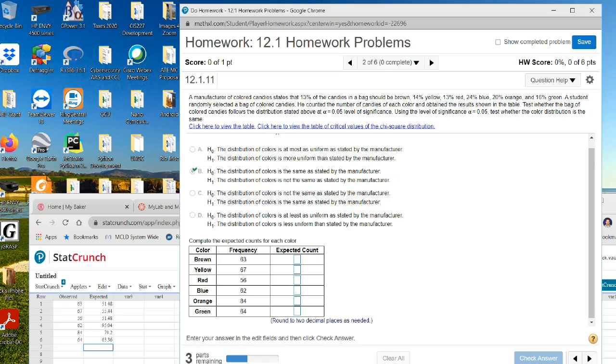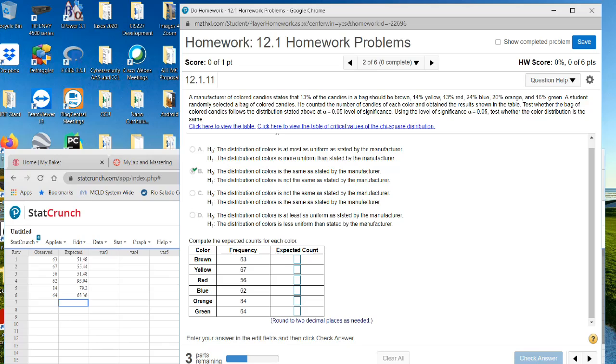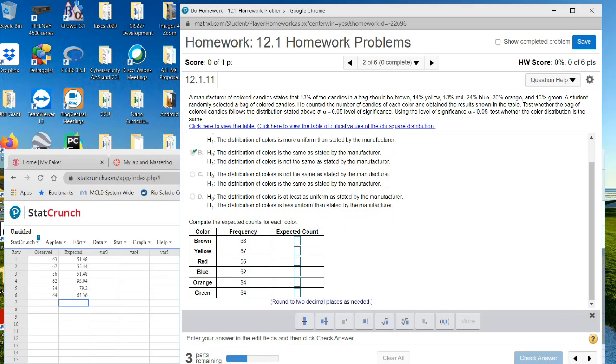So now, these expected counts, this is what I actually just was computing over here when I was putting it into StatCrunch. So again, what I'm doing here is taking the total of all these candies, which is 396, and multiplying it by the percentages that are up here.